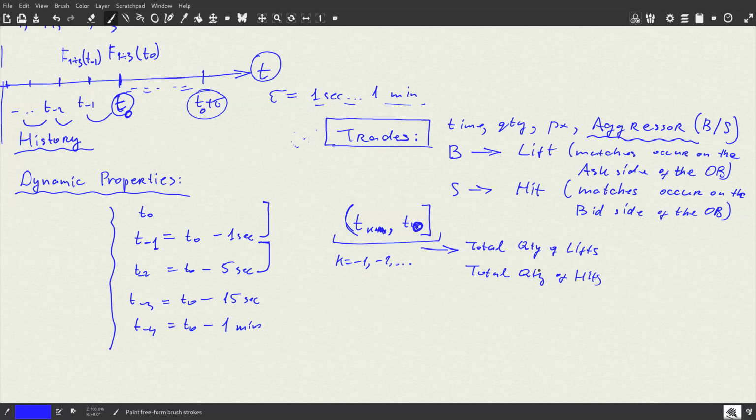We can normalize by time. We can first of all normalize by time, and you are absolutely right. So we divide by T0 minus Tk, which is positive because k is negative, okay? But also, in this case, we would have it in, let's say, dollars or euros per unit of time.